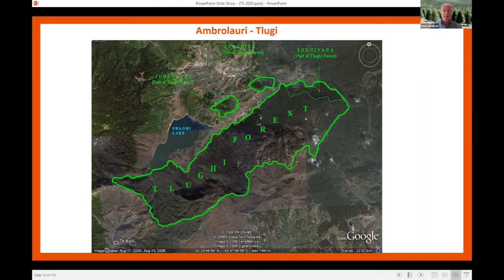So this is probably the most commonly collected source for European Nordmann fir, and for sources that you can purchase out in Oregon. So the Tlugi forest is a vast area, kind of the north slope of a mountain.